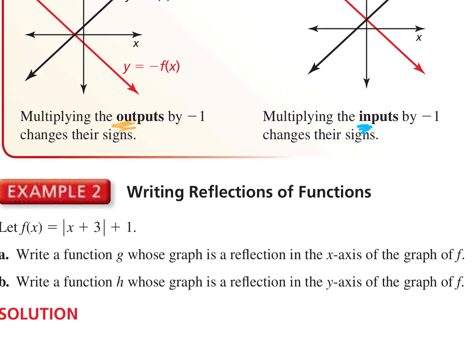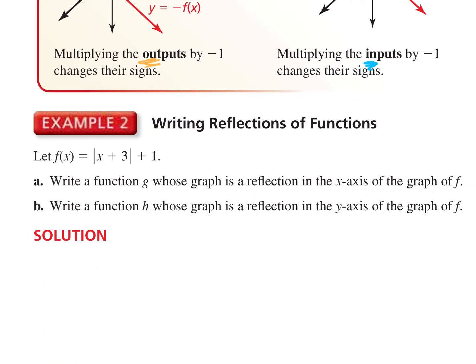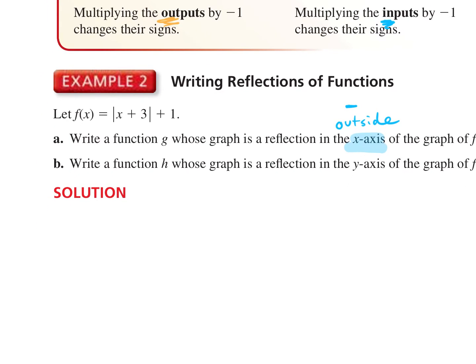All right, so let's look at example 2. For part A, I have to write a function g whose graph is a reflection in the x-axis of the graph. So the x-axis is inside or outside? Outside. So I have to multiply my entire function by negative 1. So it would be negative times the whole function, so times the absolute value of x plus 3 plus 1.